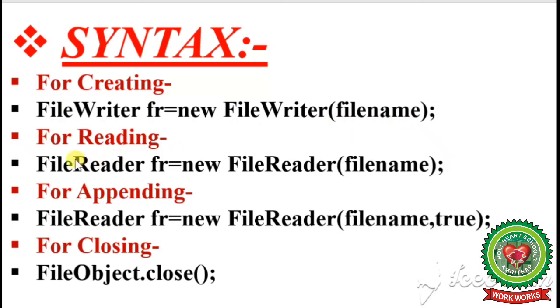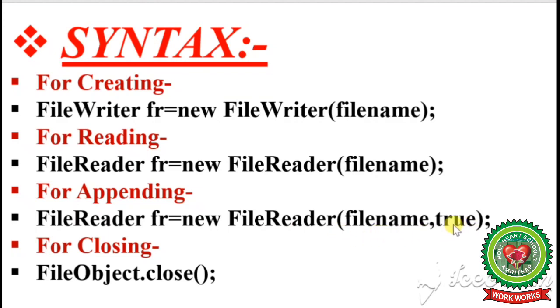Then for reading, again we are going to use the FileReader class. Then fr is an object of the FileReader class equals new FileReader in brackets file name. For appending, means for adding more text to the file, the syntax is FileReader, name of the object equals new FileReader in brackets file name comma true.